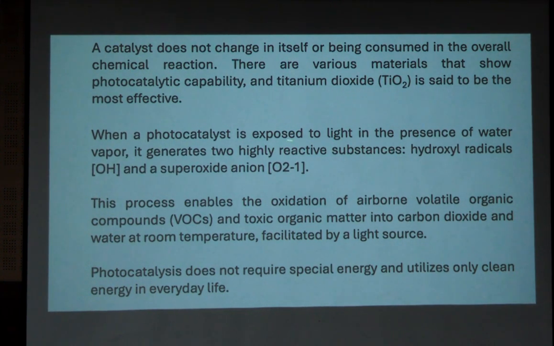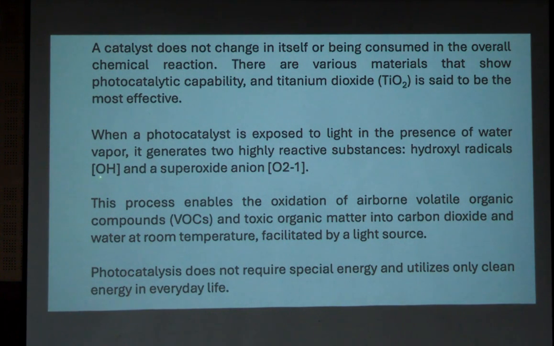When a photocatalyst is exposed to light in the presence of water vapor, it generates two highly reactive substances. This is the summary of the morning lecture: it creates the OH radical and the anion, two kinds of radical. OH is an important part of the chemical reaction.